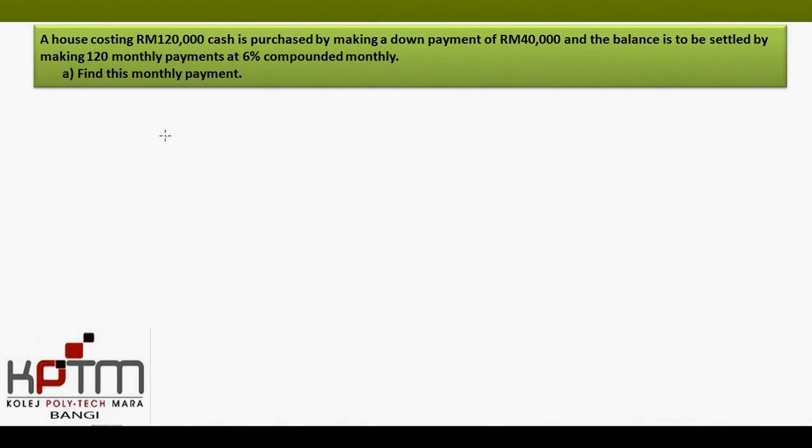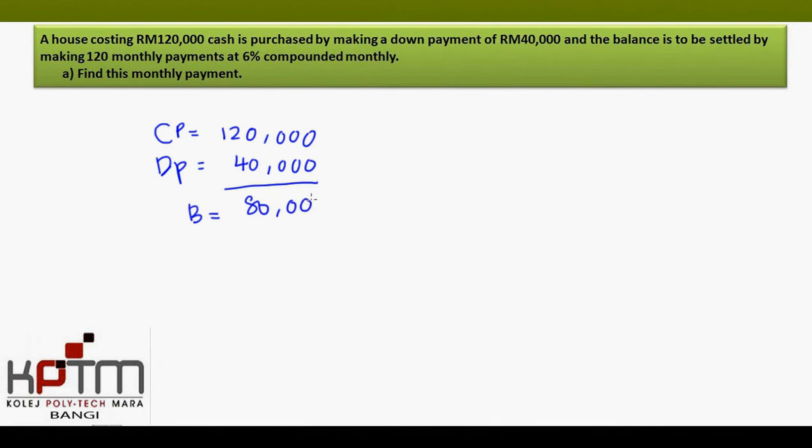For question number 2, the cash price of the house is 120,000 ringgit, and we made a down payment of 40,000. We get the balance, and the balance is the loan, which is 80,000 ringgit.